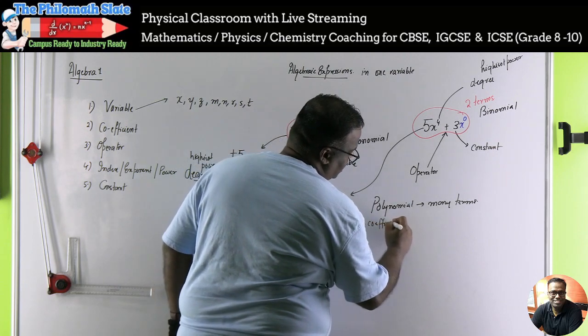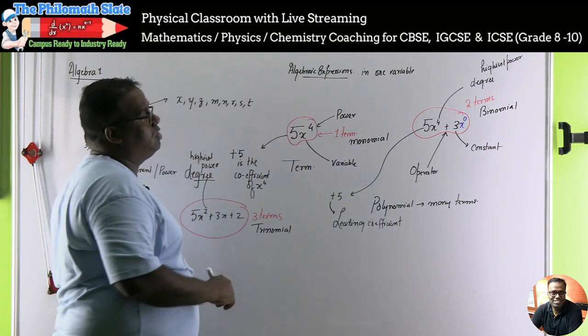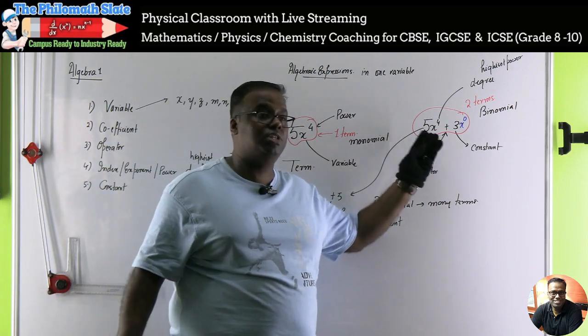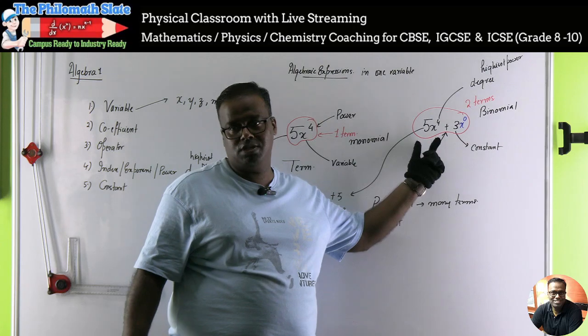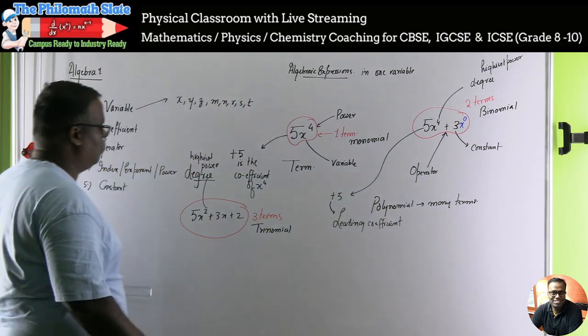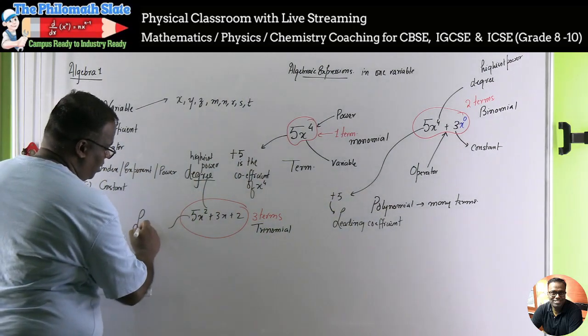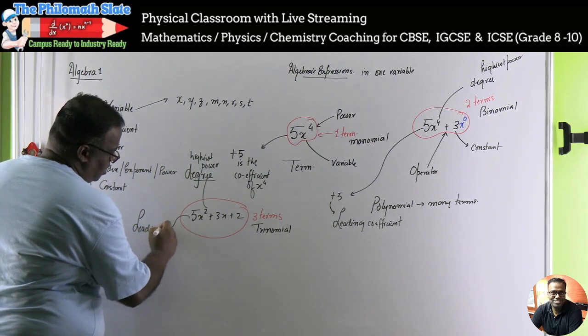And generally, hygienically, you are supposed to write an algebraic expression in decreasing order of power. So the highest power always comes as the first one, और इसको हम बोलते हैं लीडिंग कोफिशिएंट. यहाँ पे 5 हमारा क्या हो गया, लीडिंग कोएफिशिएंट.